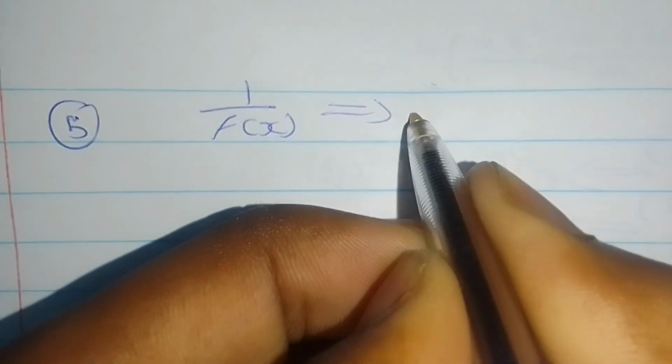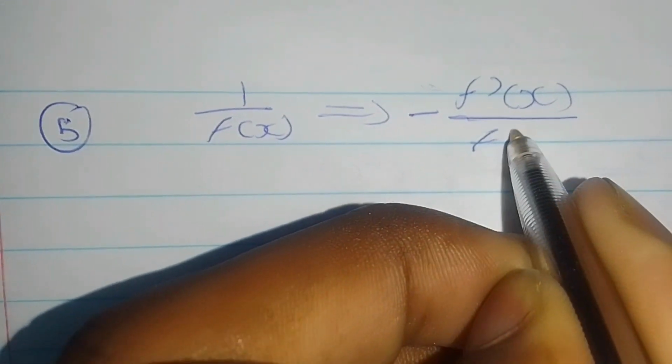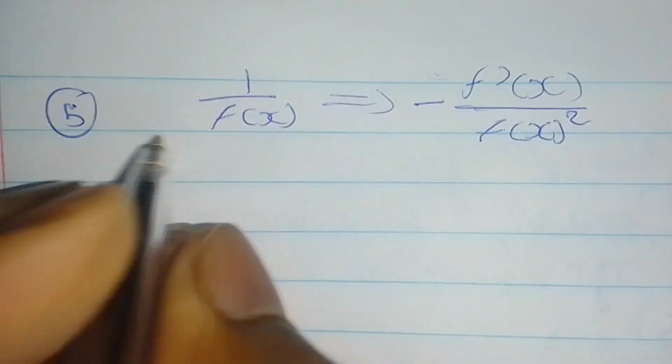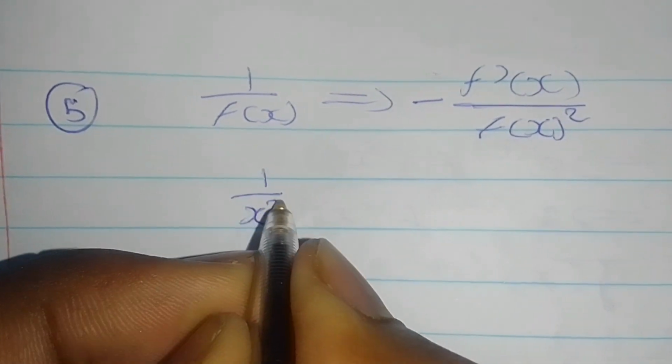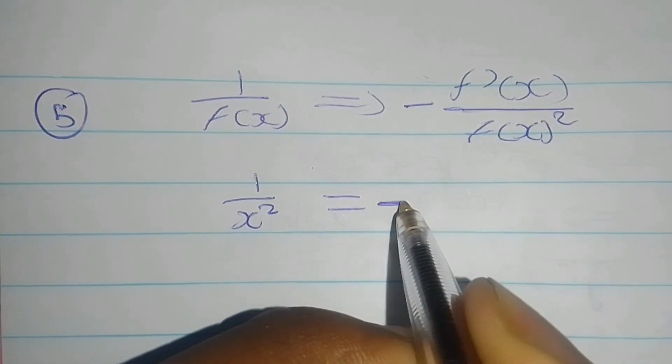Now, what if you want to derive something else? For example, you want to derive 1 over f of x. The derivative of this is going to become minus the first derivative of f divided by f of x squared. This means that if you are deriving 1 over x squared, the derivative is going to be negative.